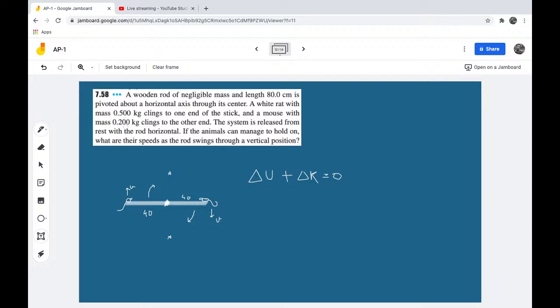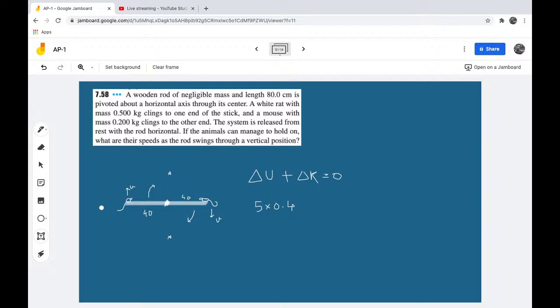It's mgh, its mass is 0.5. G, I can take as 10. H is 40 centimeters or 0.4 meter. So this is the gain in the potential energy.